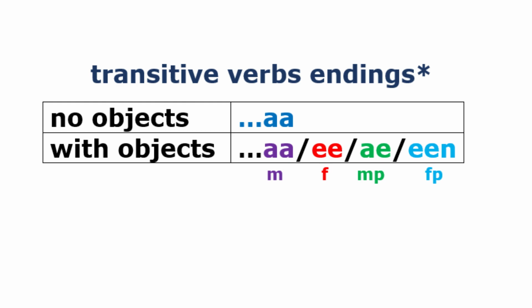So if there are no objects, it is a. If there is an object, then it is accordingly masculine, feminine, masculine plural, feminine plural. It's a, e.